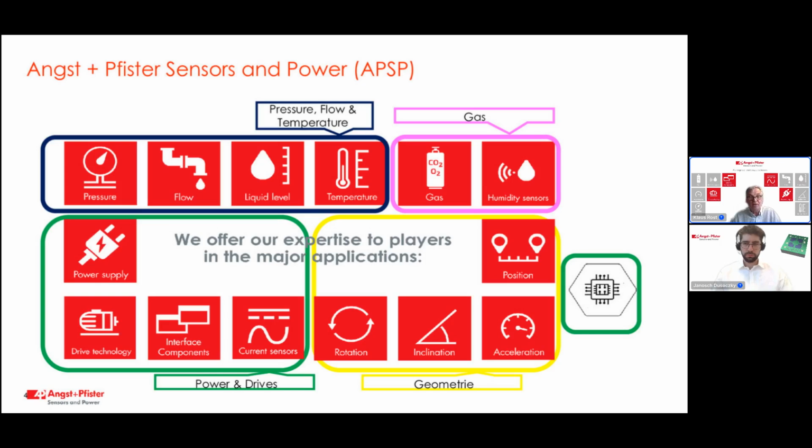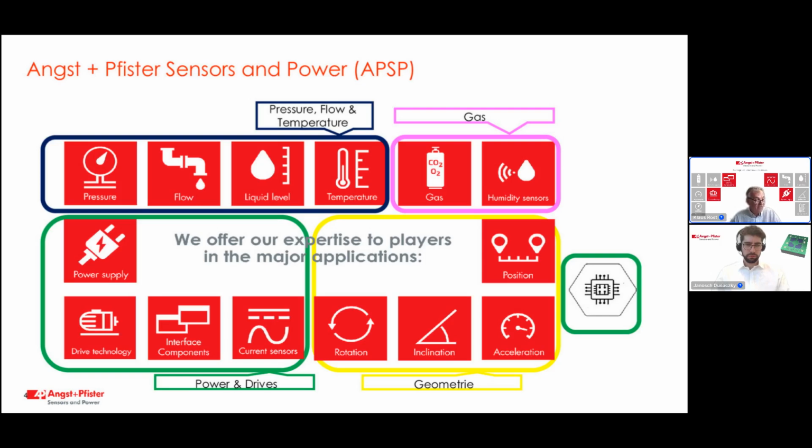Let's start with the green one: power and drives. There we have motors and motor controllers, power supplies, and DC converters. We have current sensors, and we have interface components as well as passive components like inductives in our portfolio.